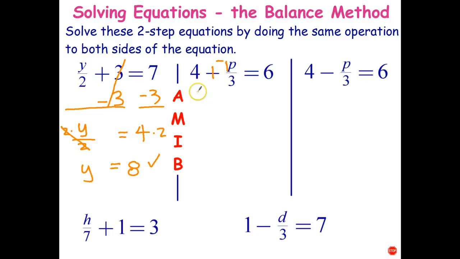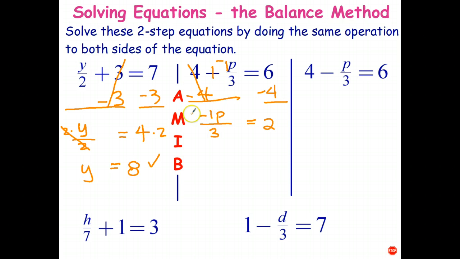Continuing with the way we've solved equations like this before, because we've got a plus, I can subtract the 4 from both sides. So I leave the p where it is. 4 minus 4 goes to 0. That leaves me with negative 1p over 3 equals 2. I've got a multiply and a divide.